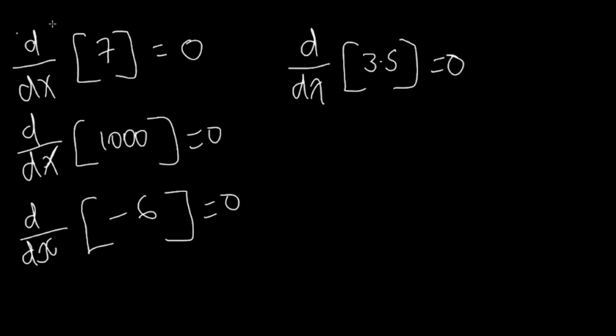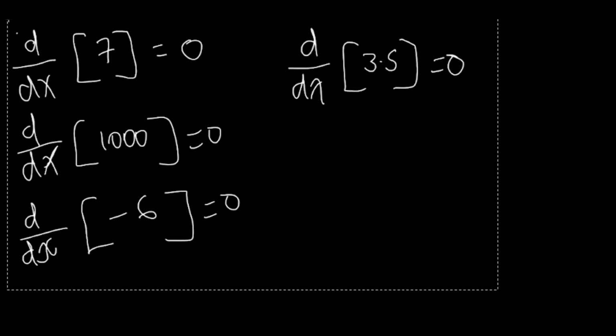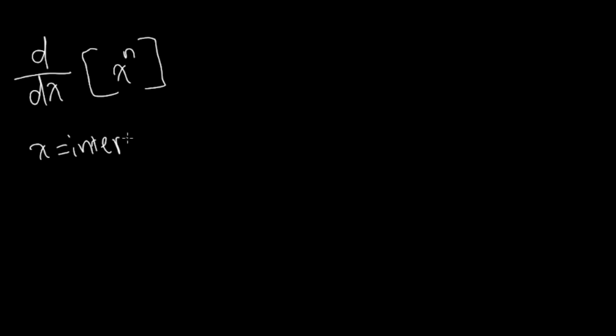Now when we start off with derivatives with exponents, let's say d over dx, that's the derivative of x to the power of n, where x is any integer and n, as obvious as it looks, is its exponent or its index.